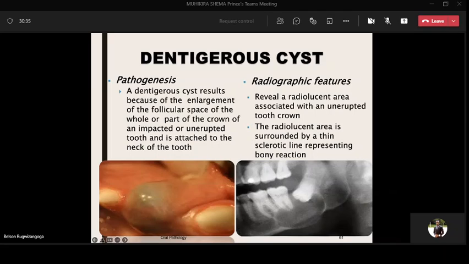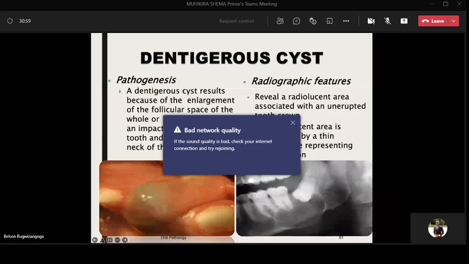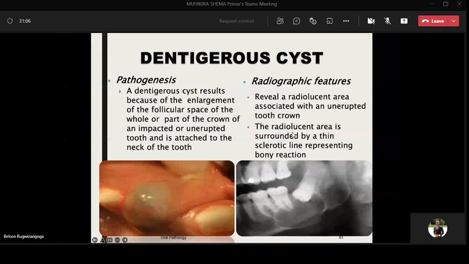So it is exactly where we have the cyst. You see the whitish line here. This line is like a capsule of this cyst.